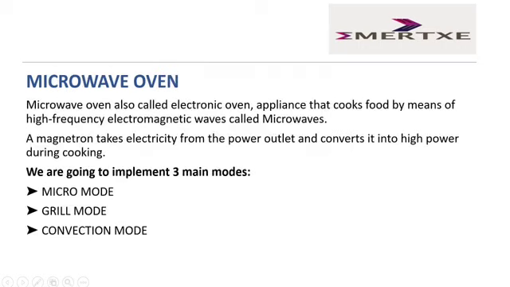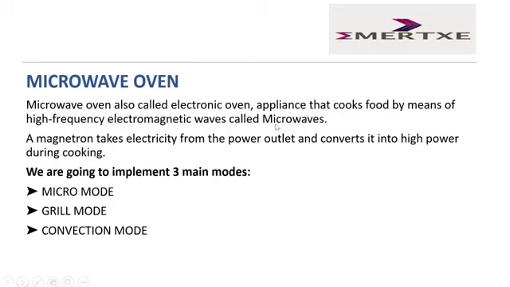And coming to the next slide, the microwave oven. What is a microwave oven? We see in the slide. A microwave oven, also called an electronic oven, is an appliance that cooks food by means of high frequency electromagnetic waves called microwaves.